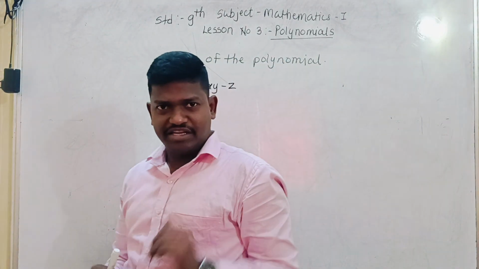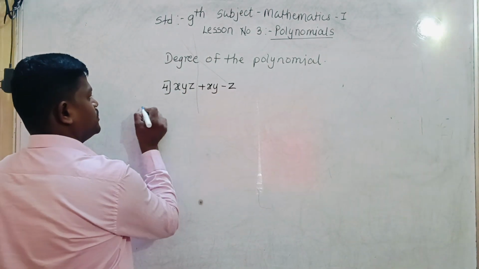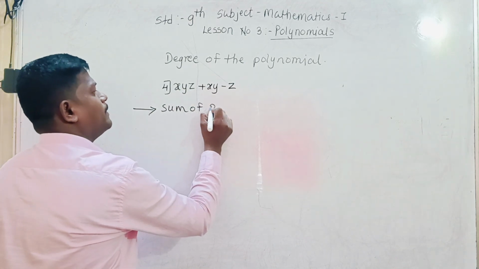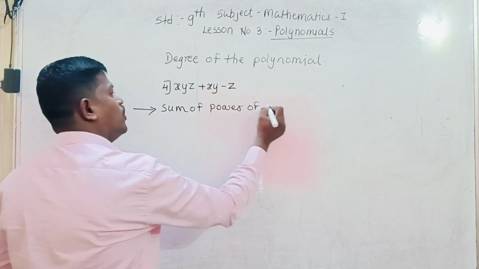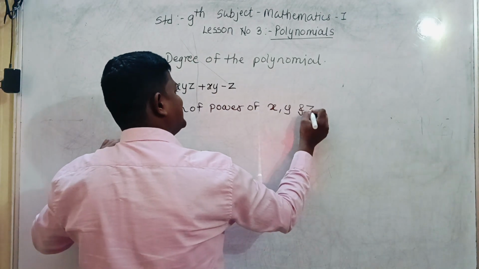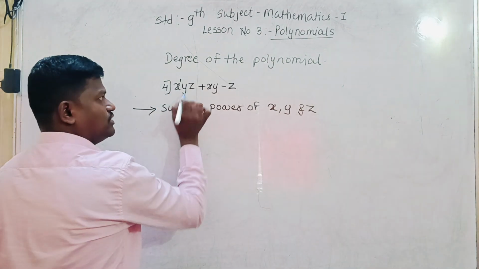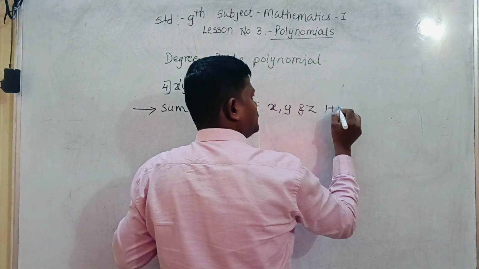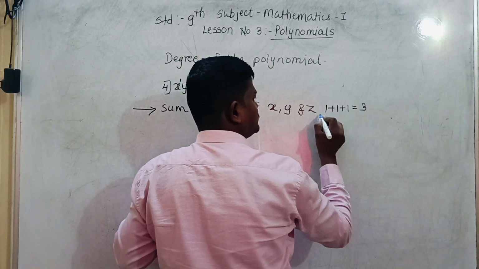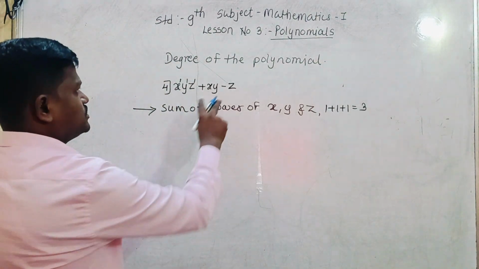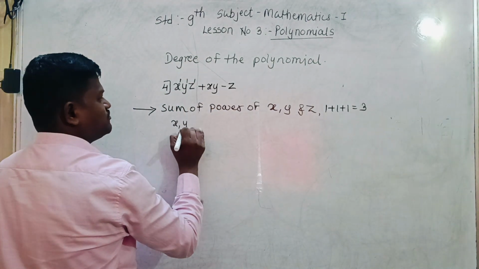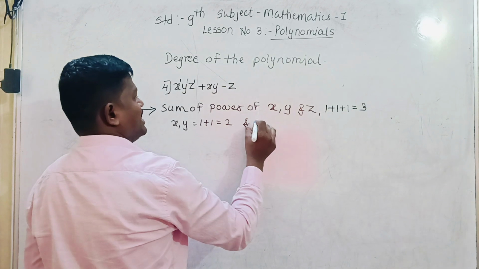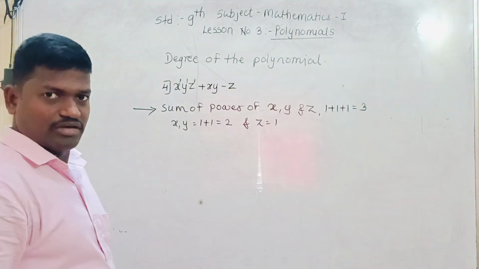Let's check another example. See, sum of the powers of x, y and z. See, for x 1, for y 1 and for z 1. So 1 plus 1 plus 1, that is 3. Right? For xy, 1 plus 1, that is 2, and z, that is 1. Right?